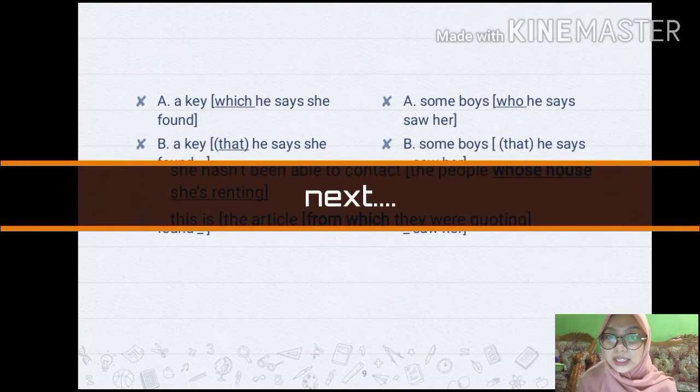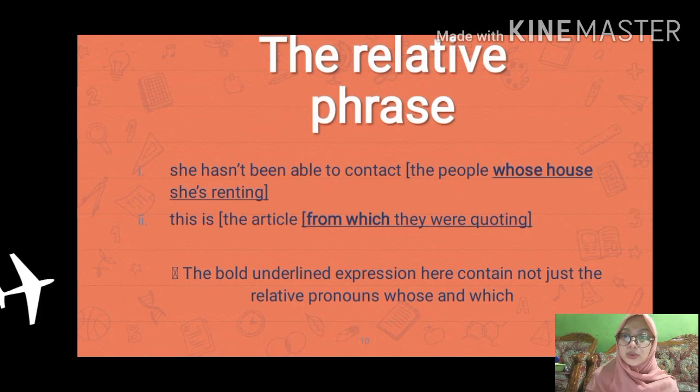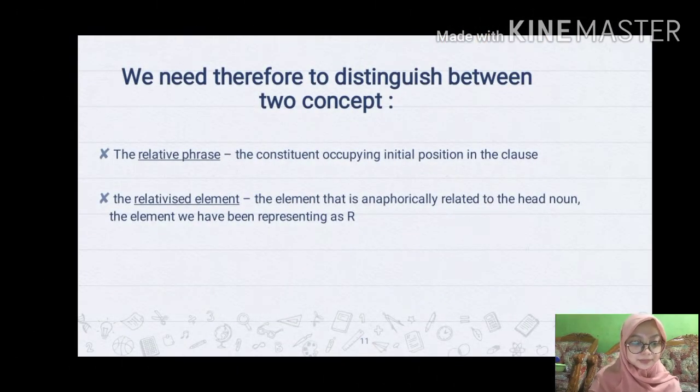And next is the relative phrase. Example number 1: She hasn't been able to contact the people whose house she's renting. Example 2: This is the article from which they were quoting. The bold underlined expression here contains not just the relative pronouns whose and which.